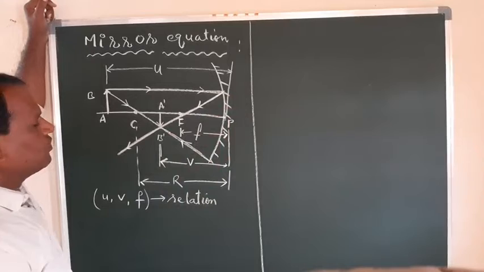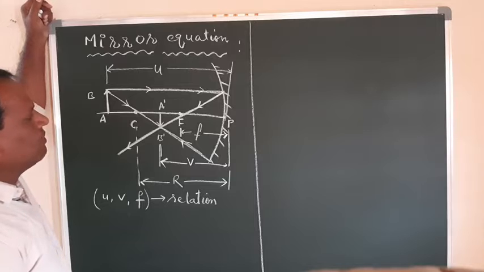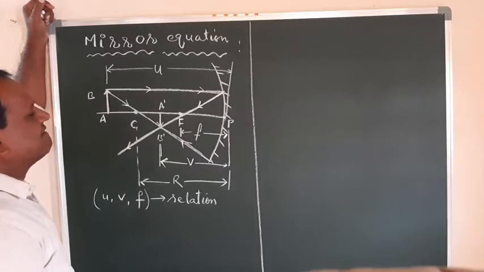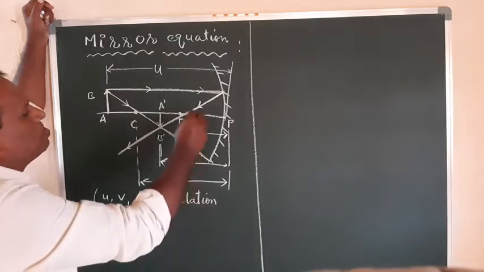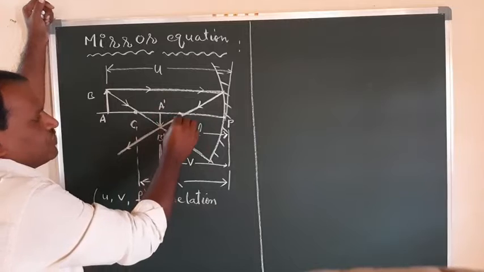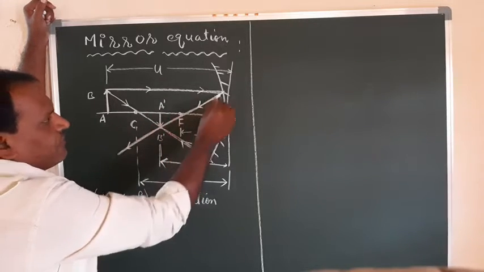So what I am considering here, you can write or observe as drawn here: this one, A dash B dash F, is one triangle, and one more is this F, this point.